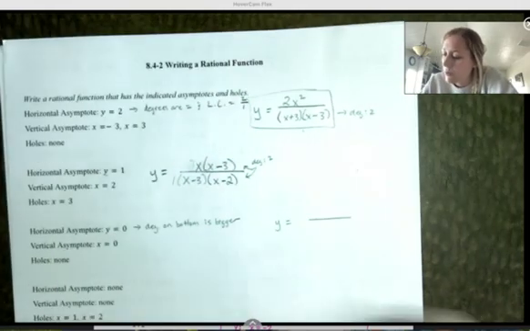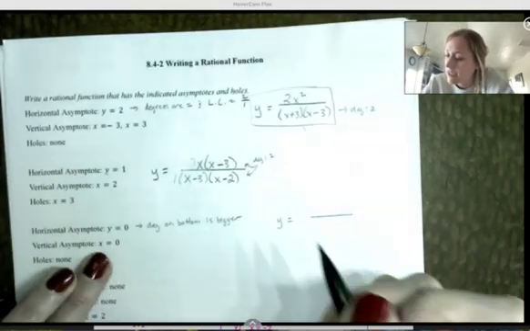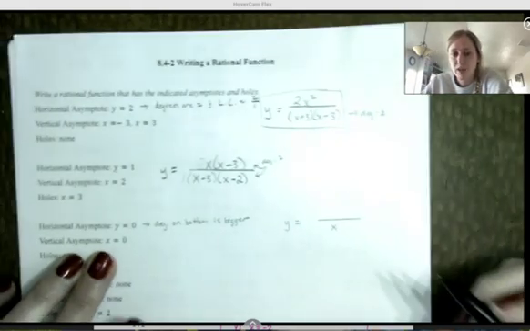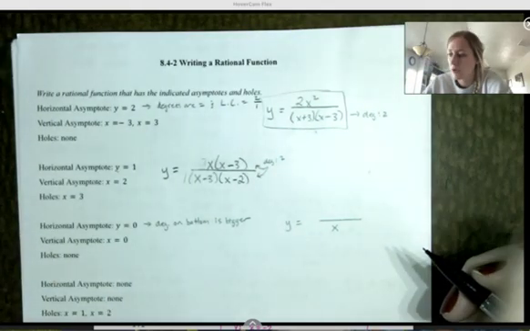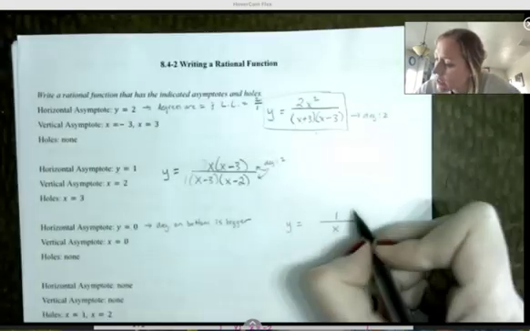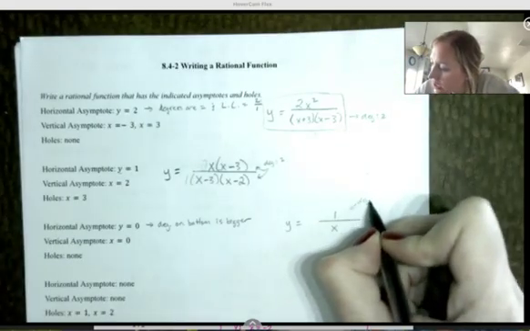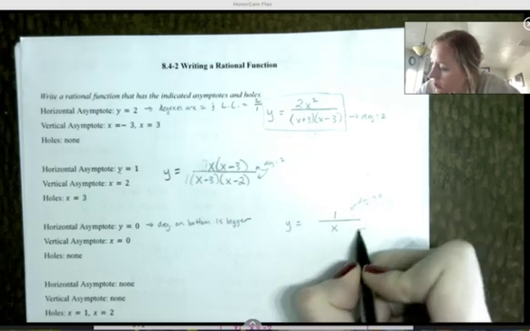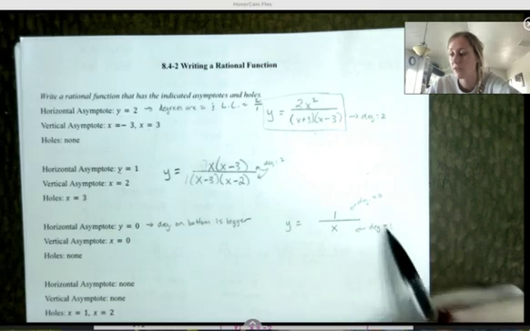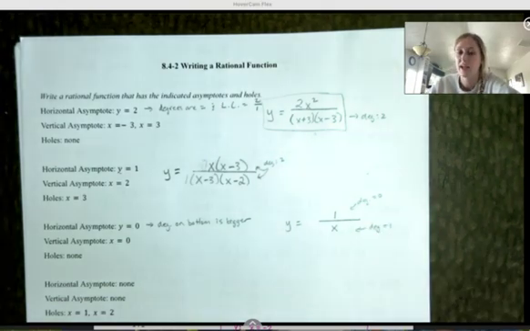If I want a vertical asymptote at x equals 0, there's that. No holes, so it could honestly be as simple as that. This technically is a degree of 0. This is a degree of 1. So as long as it's bigger on the bottom, then I have that horizontal asymptote of 0. I don't have any holes. We're good.